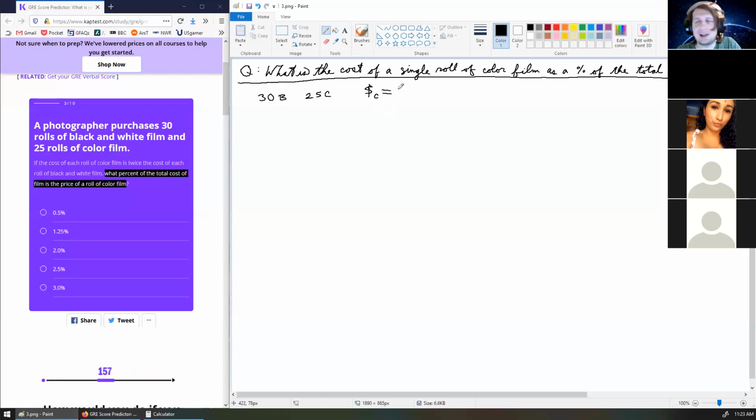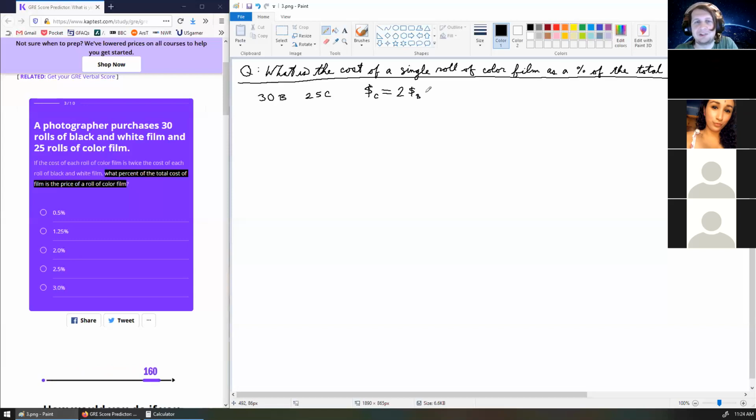We don't have an actual number. All we know is it's double the money cost of the black and white. I'm using a subscript here to differentiate the two. Is everyone okay with how I'm doing this? Okay.